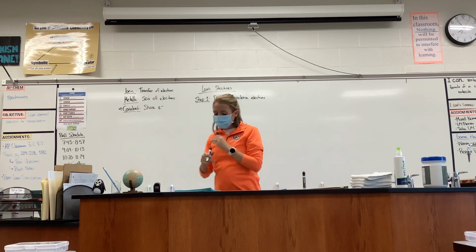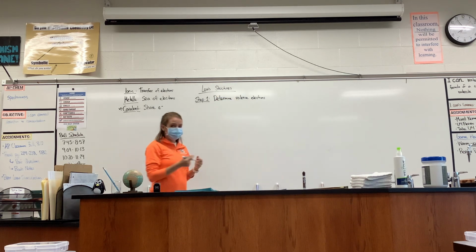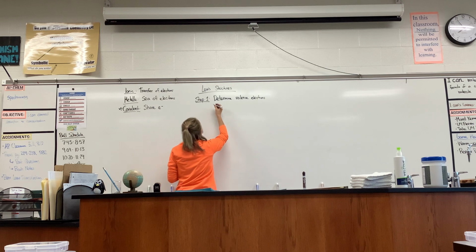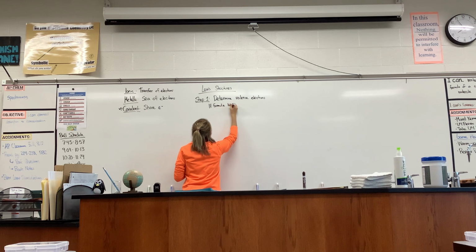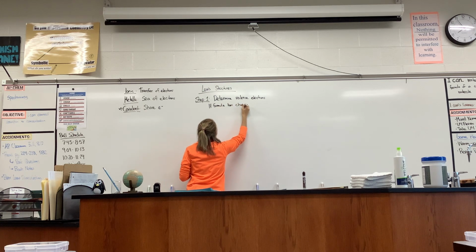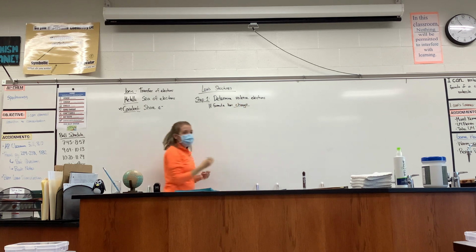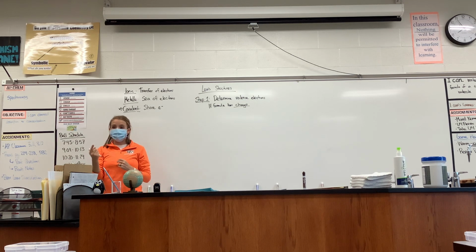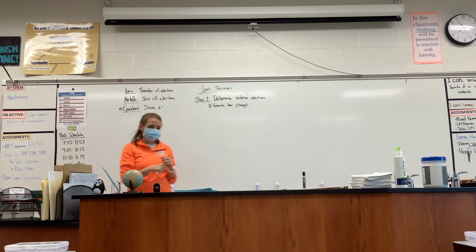If the formula carries a charge, there's your next blank right there. If the formula has a charge, that means you either have a bonus electron or you've lost some electrons, depending on what the charge is.